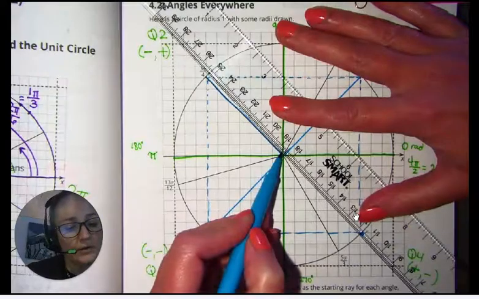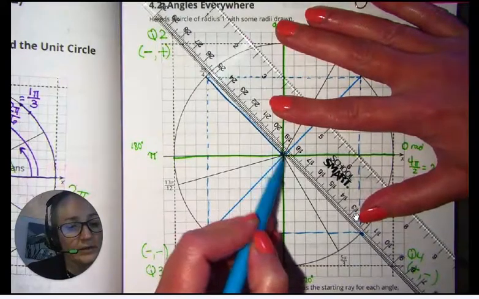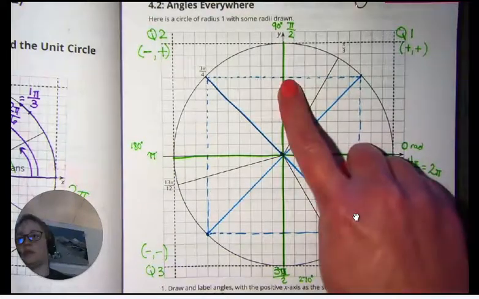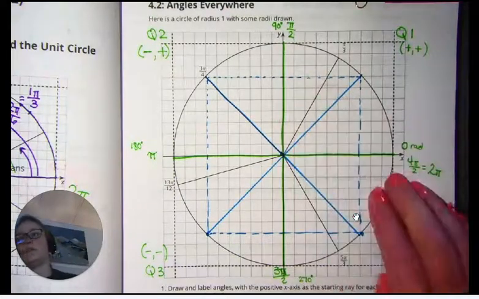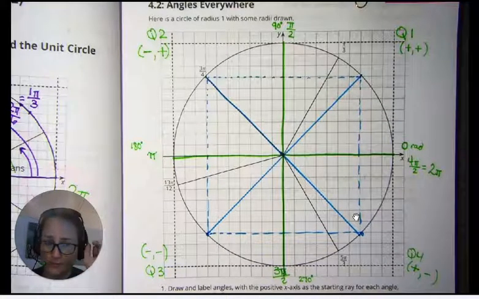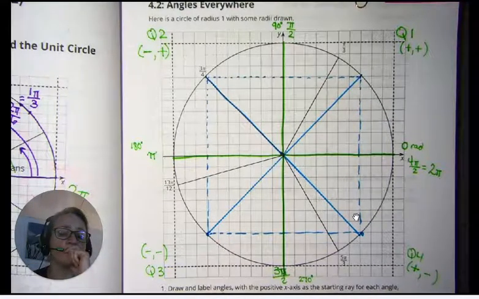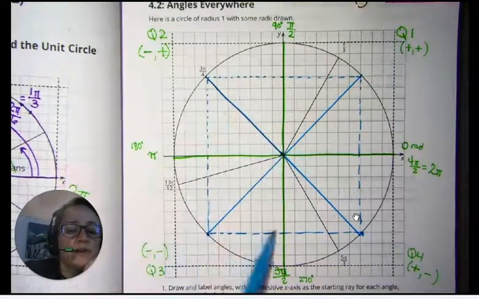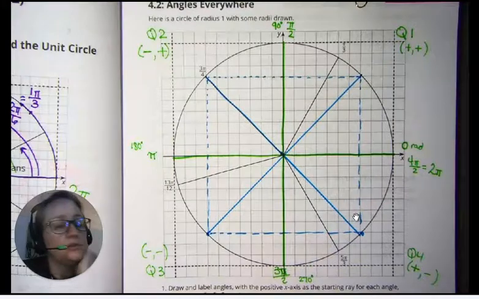So we have now split this pizza pie that was into quarters in green. Now we've split each of those quarters in half, and now we have eighths. Okay? So we have 8 even pieces of pie in our whole circle.